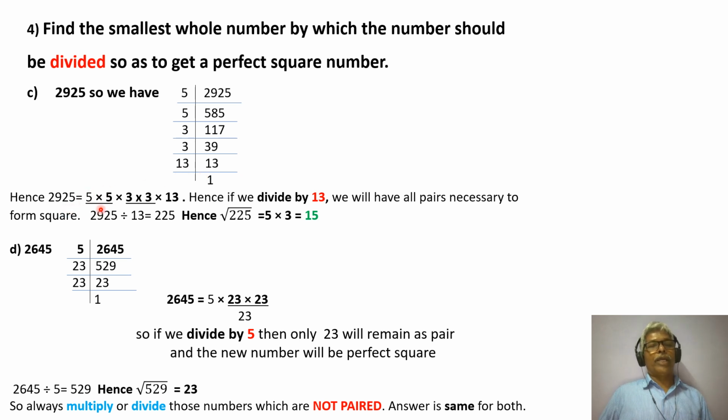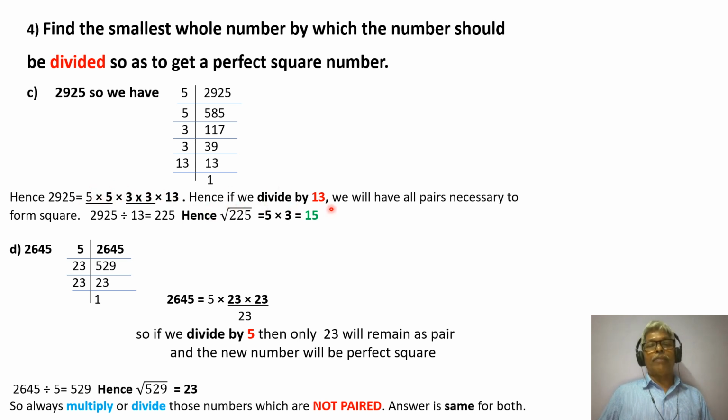So we write the factors. 2925 is equal to 5 into 5 into 3 into 3 into 13. So this is a pair, this is a pair, only 13 doesn't have any number to pair. So if we divide this by 13, then this will go, and we will have only two pairs of numbers.